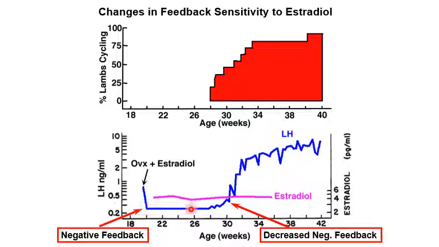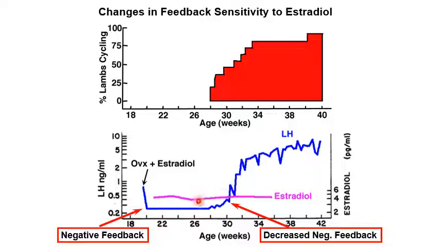So at this part here, the level of the LH is constant. The drop in the LH is again brought about by the negative feedback of estradiol. So at 28 to 30 weeks, as shown here, the LH level is beginning to increase despite a constant level of E2.